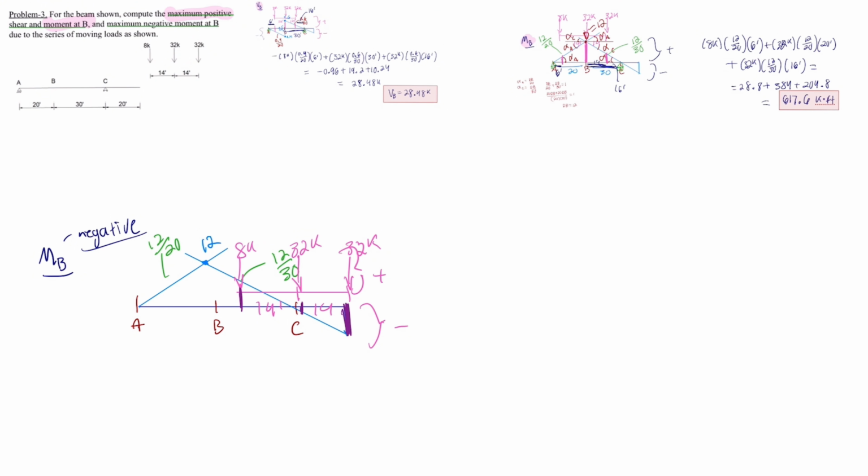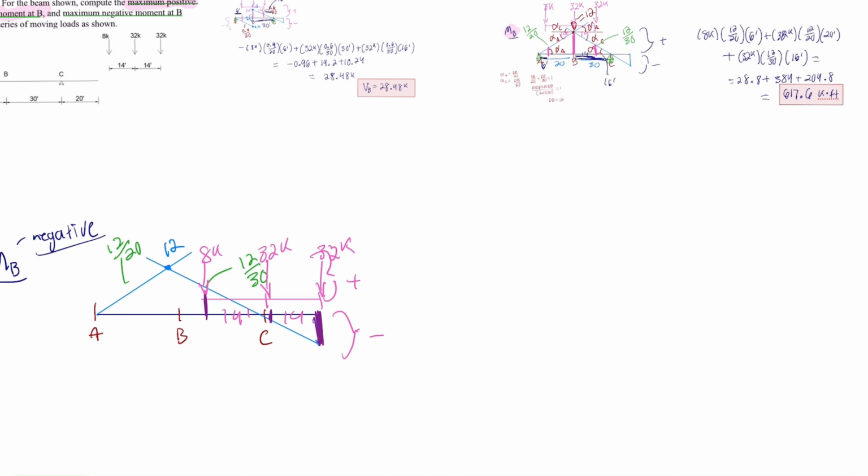In order to solve for the maximum negative moment, we will start off by using this load, which will be, since it's in the bottom, negative, so we will do minus 32 kips times the slope. So we first have to find what this point is to find the slope. So we will use similar triangles. So we will do the 12, which is here, and the distance for this, which is 30, is equal to, let's call this t, over this distance, which is 20.